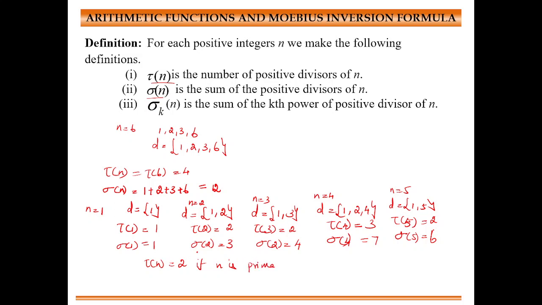We can see from the above examples that for prime numbers, the divisors are 1 and the number itself. If n is prime, the divisors are 1 and the number itself. So we get tau of n, the number of divisors of a prime number, is 2.